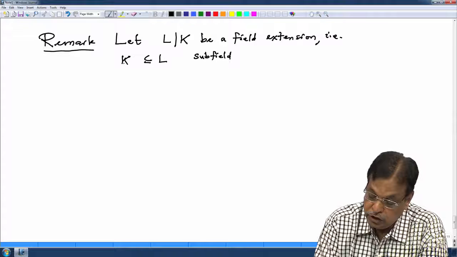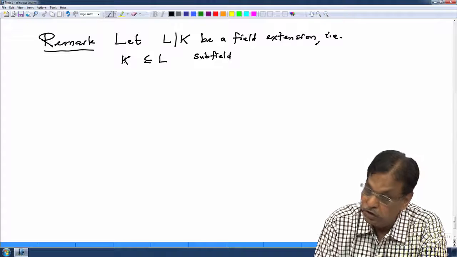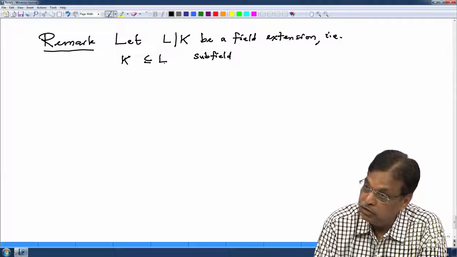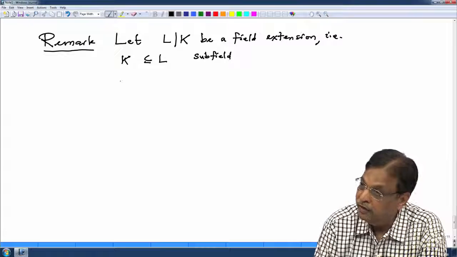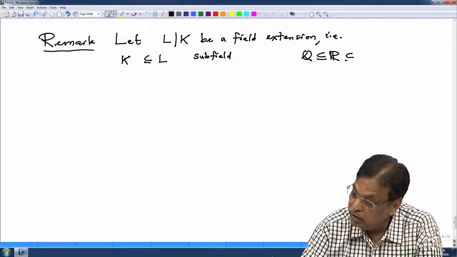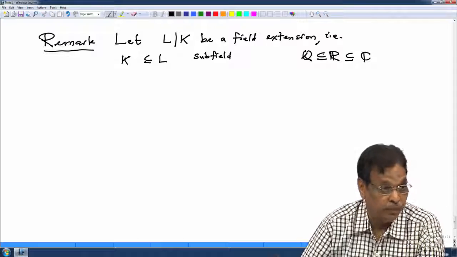That means the addition and multiplication operations in K are restrictions of the addition and multiplication in L. A typical example is Q contained in R. So R is a field extension of Q. Similarly, C is a field extension of R, or C is a field extension of Q.